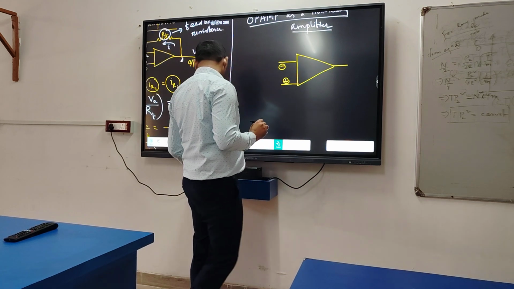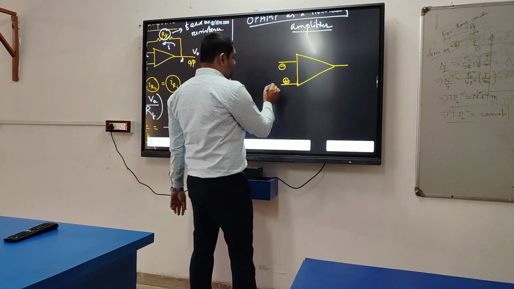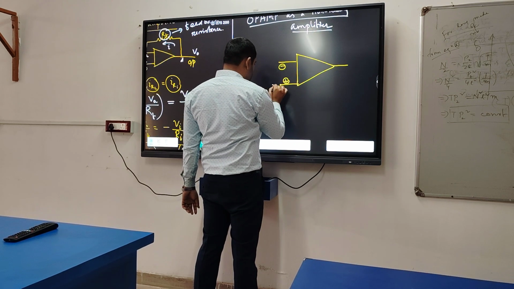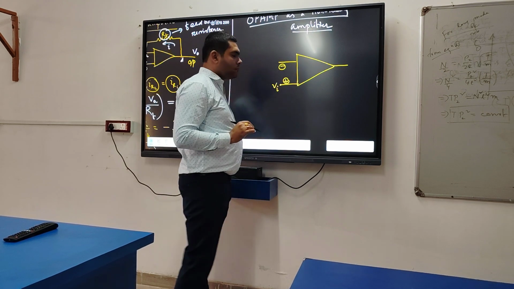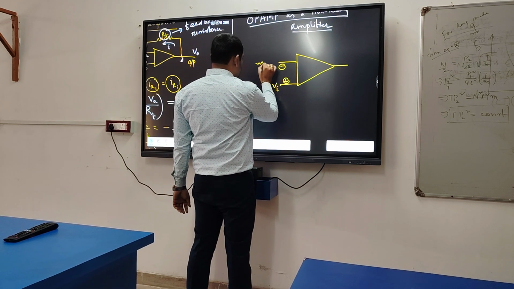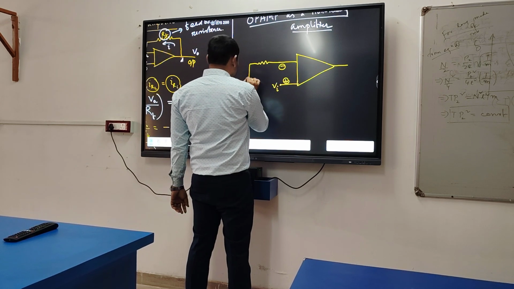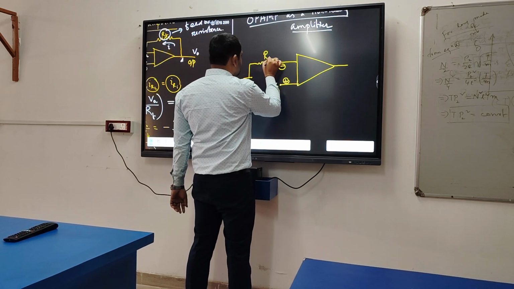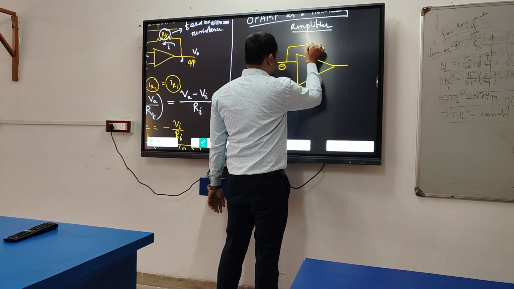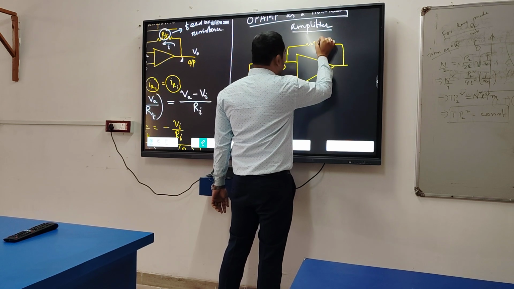As we are considering a non-inverting amplifier, we are applying the voltage VI here, and we are grounding the negative terminal through some resistance R1. We are applying a feedback resistance RF.